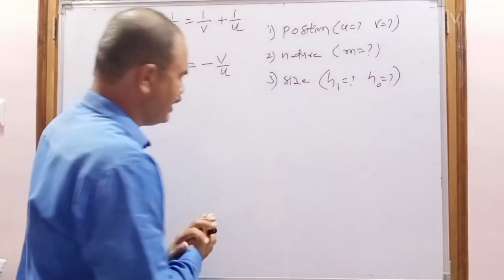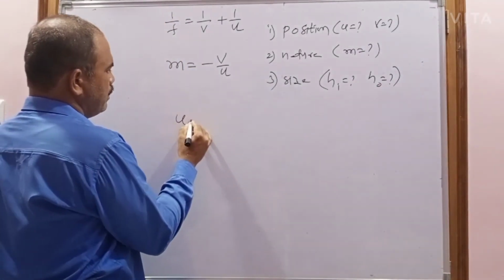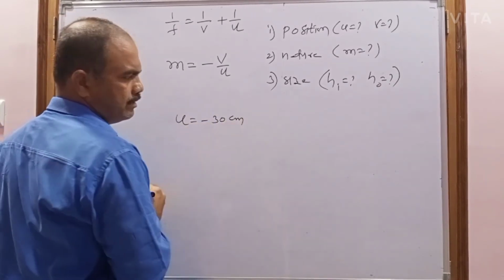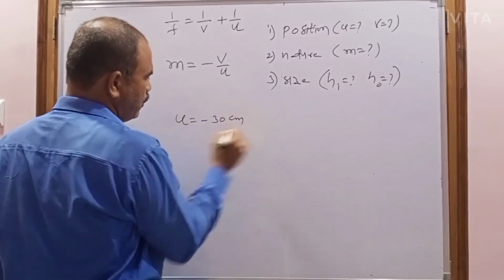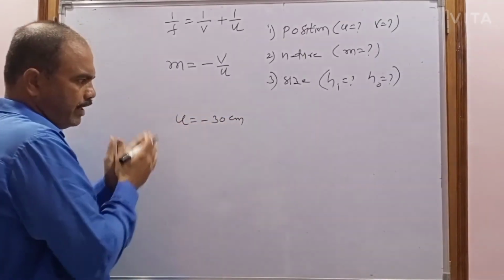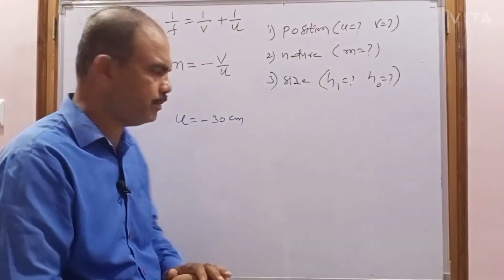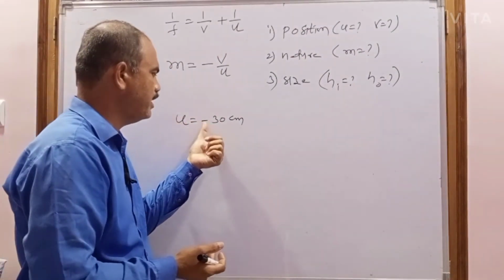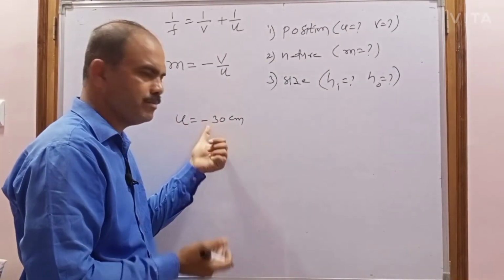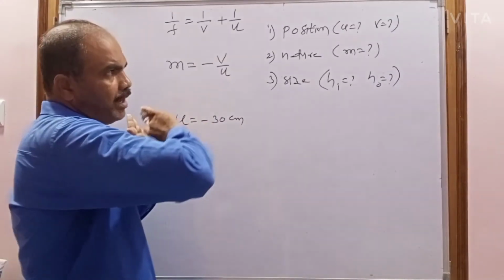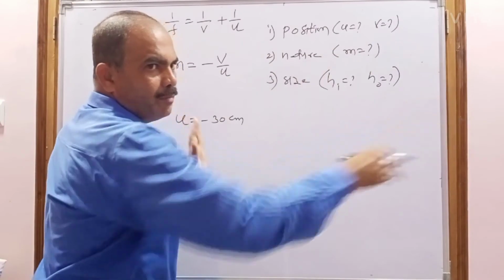If you get this result, if u equal to minus 30, finally in the problem they will ask to find the object distance. So the object distance will come like this. What does it mean? Here minus means the object is found in front of the mirror.